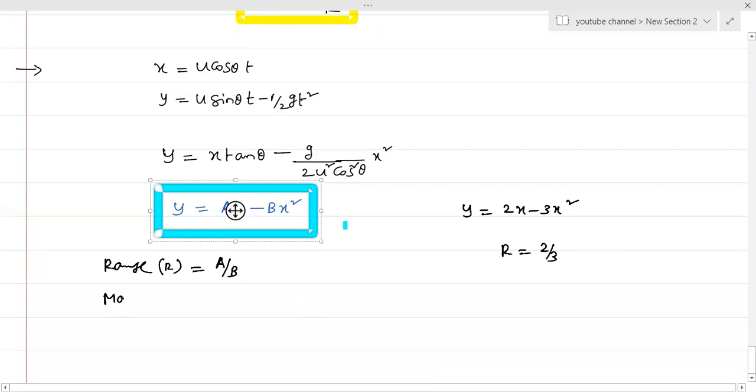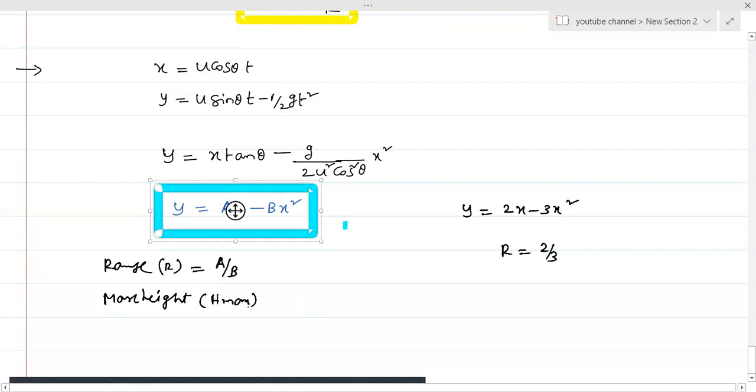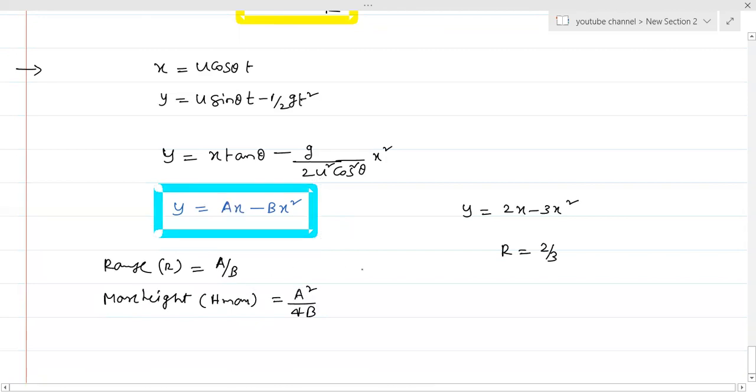And if we are thinking of maximum height, h maximum equivalent to a square by 4b. This is one of the important relations here.